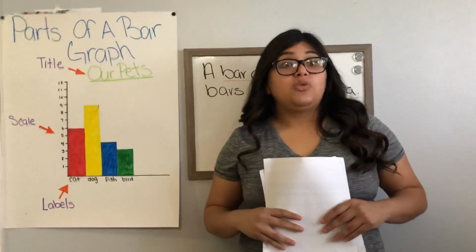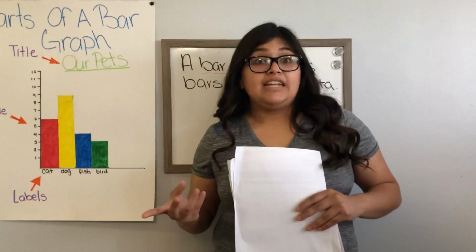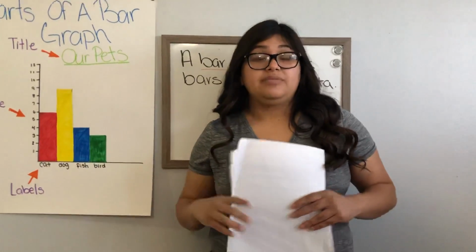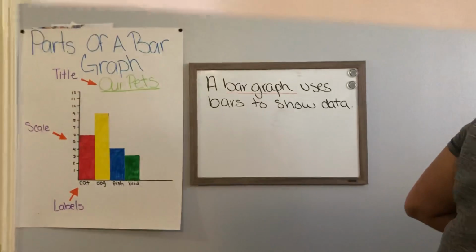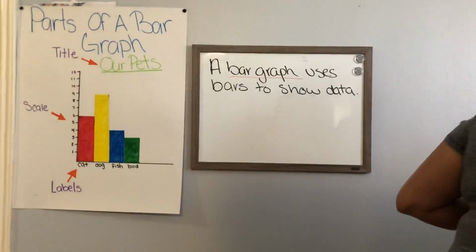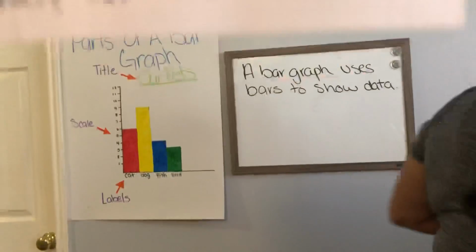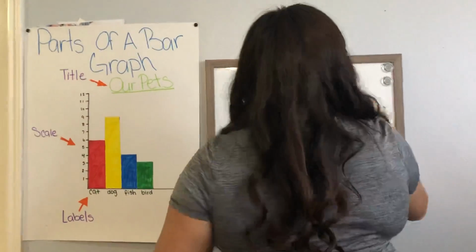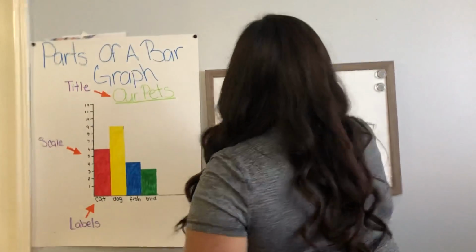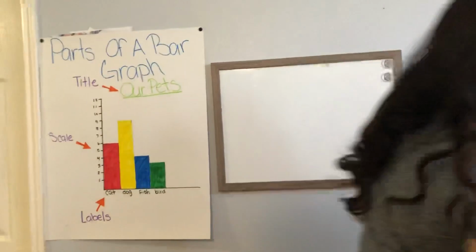Now we're going to work on examples for our understanding of how to make a bar graph and read it. So let's start doing some examples on the board and see if we can actually read a bar graph.